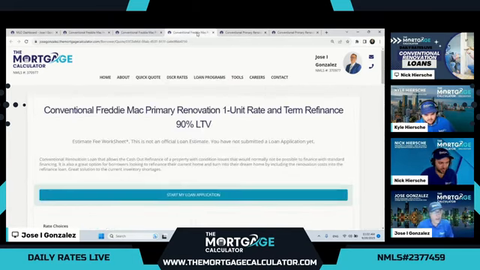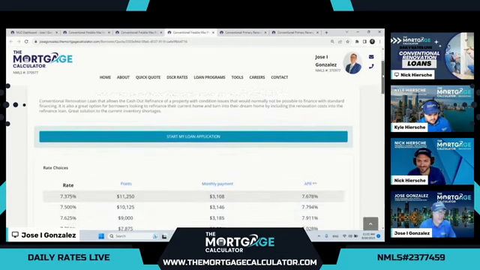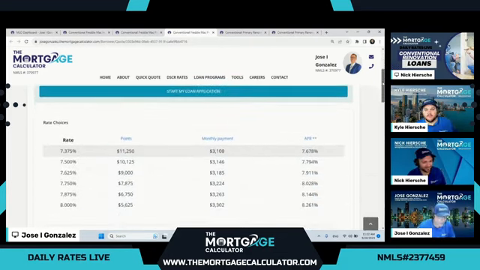So now we have a conventional 90% rate and term refinance. Now this is a Freddie Mac option. Please note that Freddie Mac and Fannie Mae do have subtle differences, well, actually not so subtle differences in their renovation program.